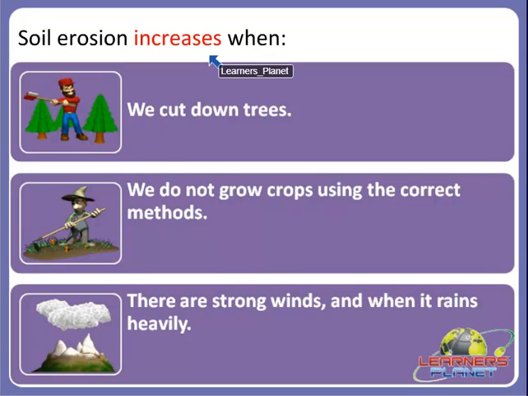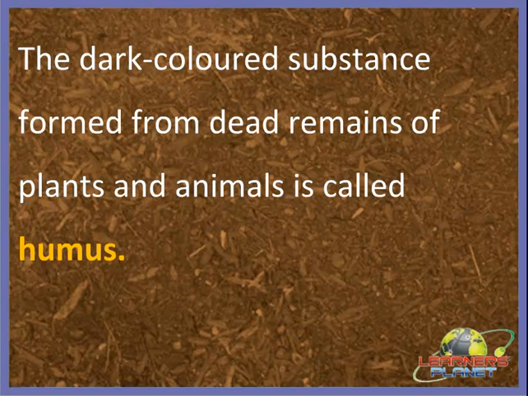So you should save the plants from the strong winds and the heavy rains by using some methods. Alright children? So always remember, do not cut trees and use the correct method to grow the crops. This way we can stop soil erosion. So children, what is actually humus which we studied?